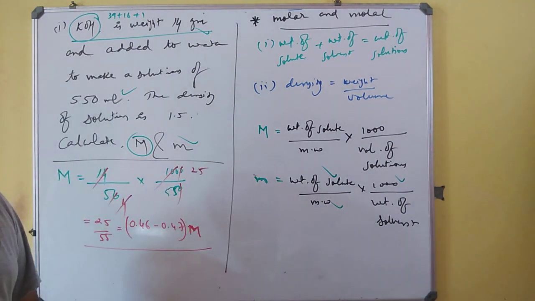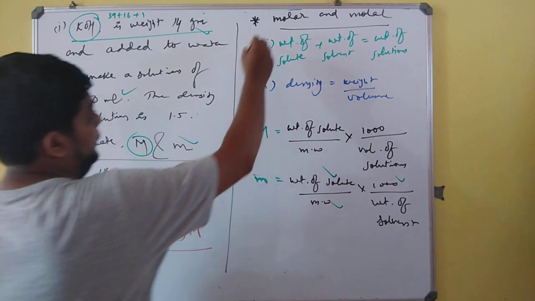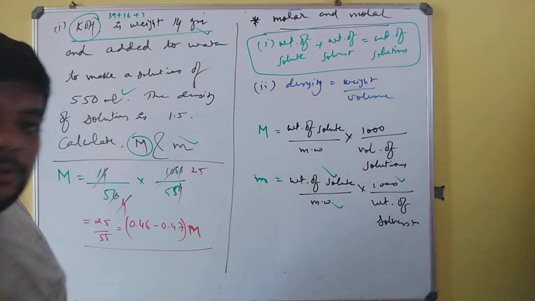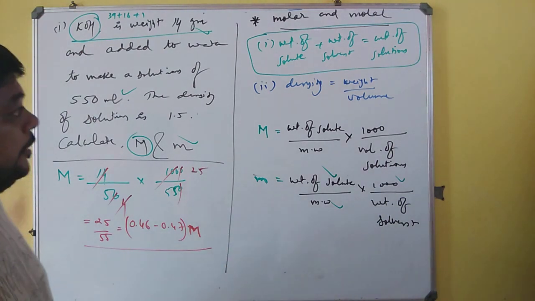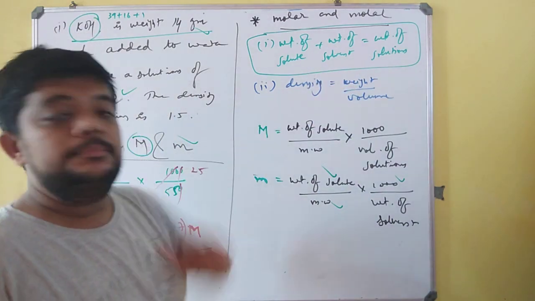So what would you do? Remember very well this formula: weight of solute plus weight of solvent is equal to weight of solution. If I have these two terms, I can get this term.